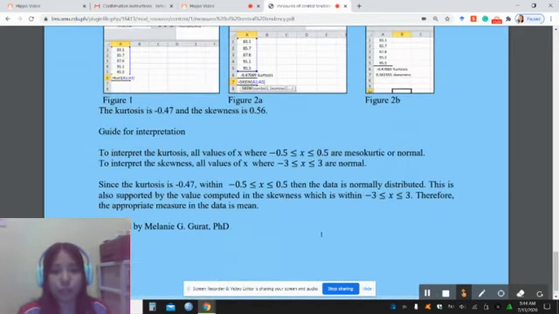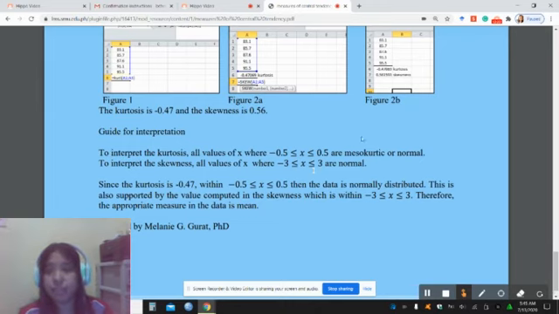To interpret the values, you can use the guide for interpretation that if the kurtosis is between negative 0.5 to 0.5, it means that the data is normal, or the term that can be used is mesokurtic. So mesokurtic is synonymous with the word normal. While if the computed skewness is between negative 3 to positive 3, it means that the values are also normal.